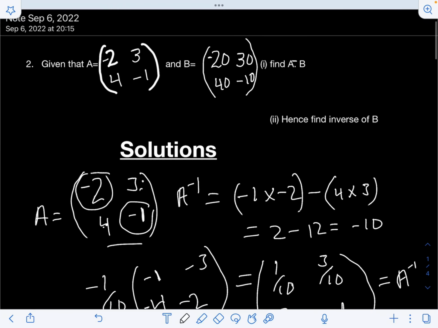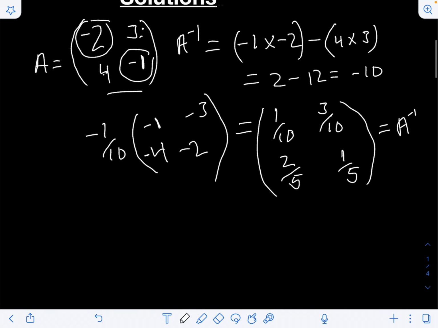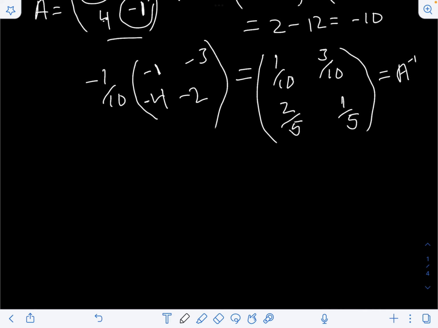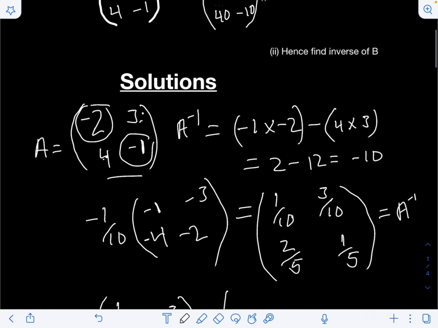And the question says that we have to find the inverse of A times B. We take the inverse of A, which is 1/10, 3/10, 2/5, 1/5, in brackets.